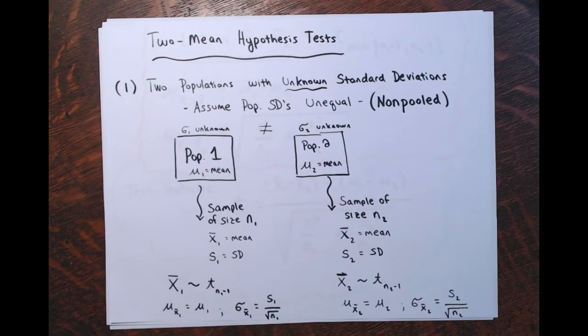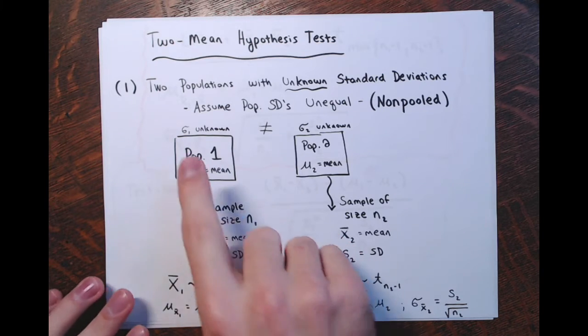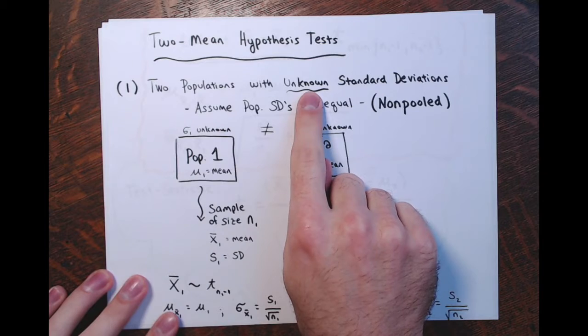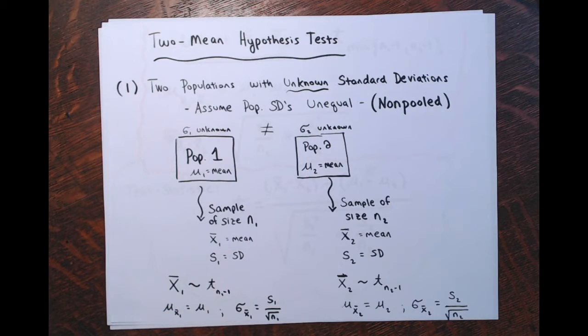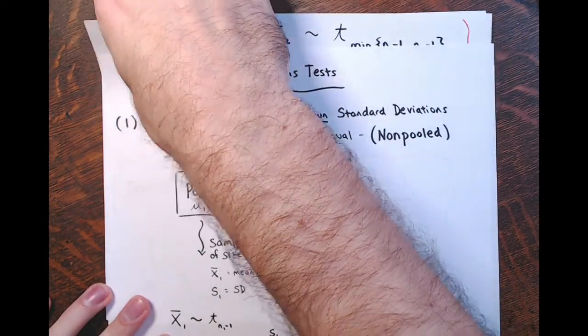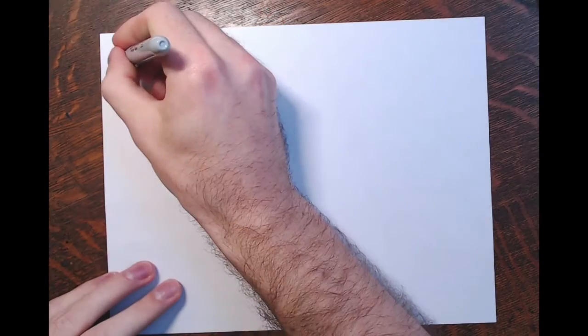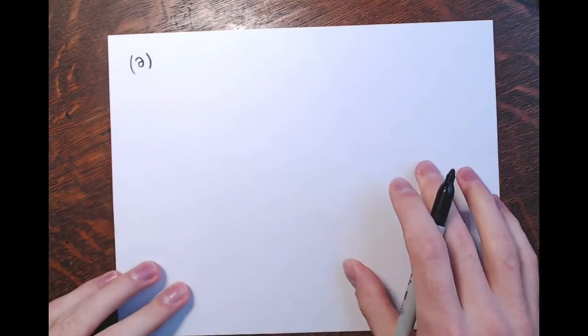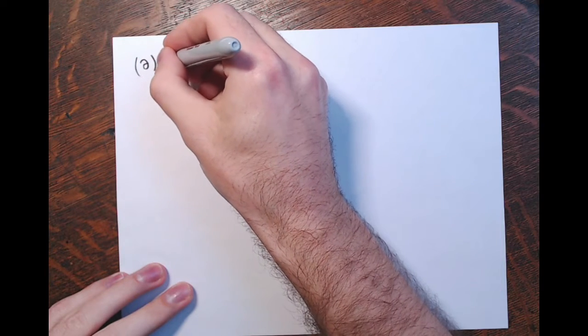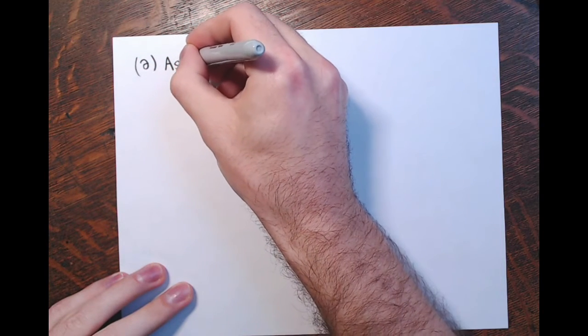So what I'm going to do now is talk about the other scenario that could come up when you're doing a test of two population means when the population standard deviations are unknown. This is part two, I guess we could say. This is where, again, you have unknown sigmas, but this time you're assuming that they're equal.